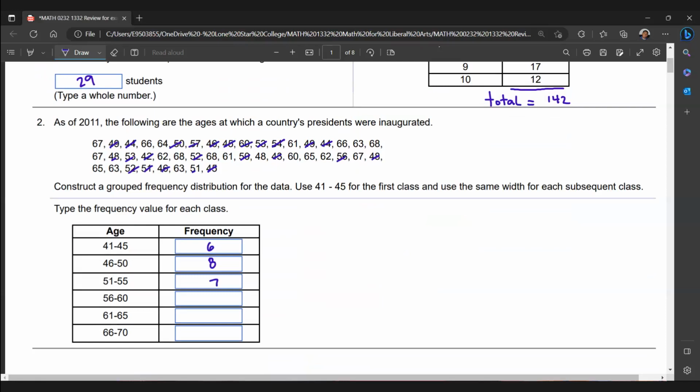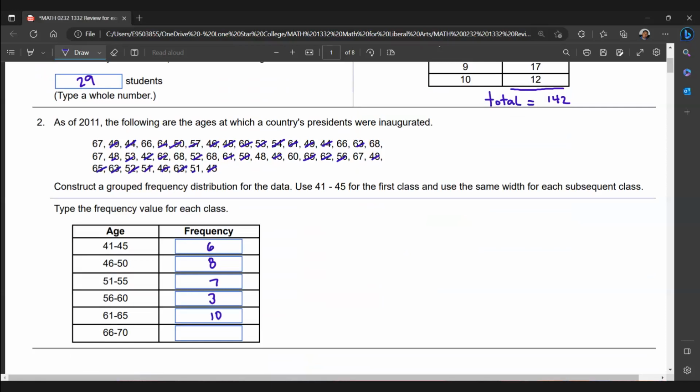I got 3 on that one. 61 to 65: 1, 2, 3, 4, 5, 6, 7, 8, 9, 10. I counted 10.